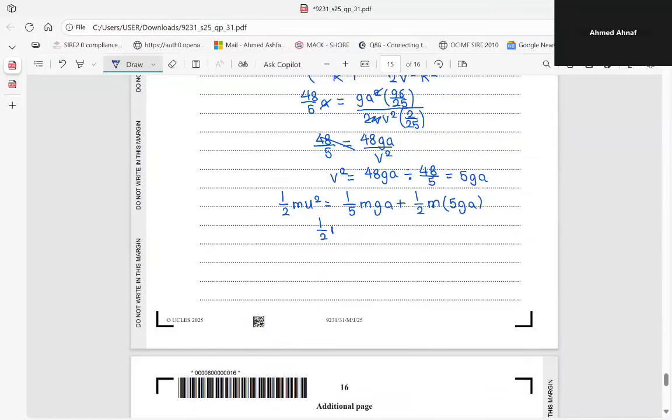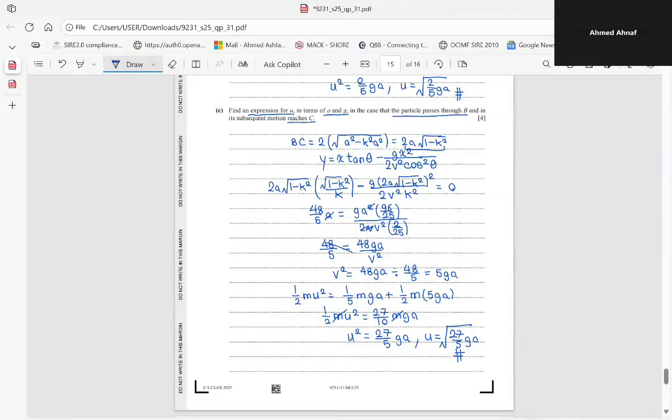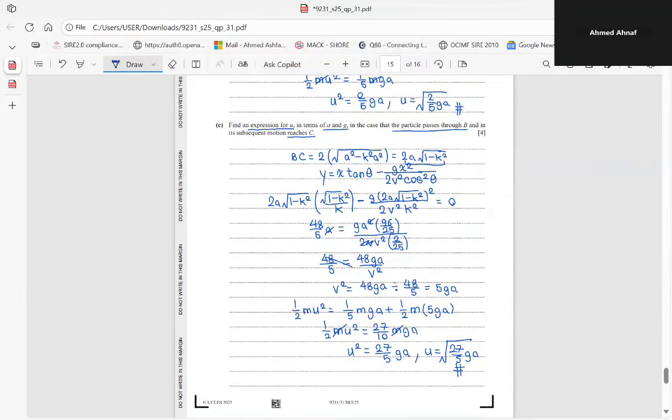So half m u squared would be equal to 1 over 5 m g a plus 5 over 2 m g a. That's 27 over 10 m g a. Cancel out the m's, and you get u squared equals 27 over 5 g a. And then u would just be the square root of 27 over 5 g a. So this is our final answer for this part, as well as the entire question.